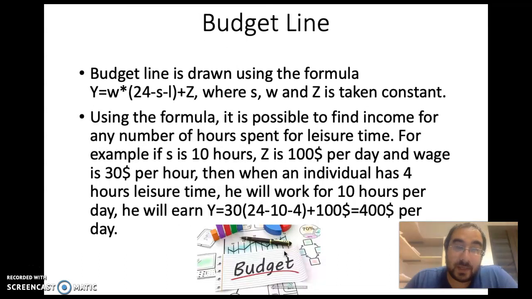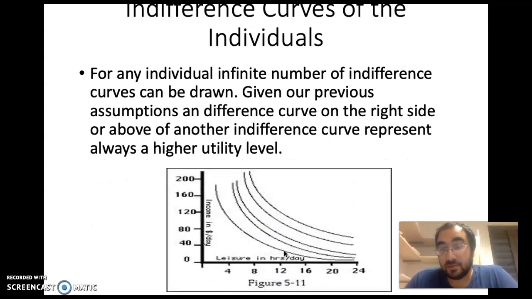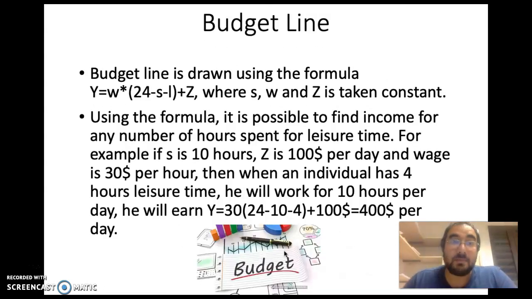Okay, now the budget. In order to model the decision-making process of an individual, we need a second line, which is called the budget line.